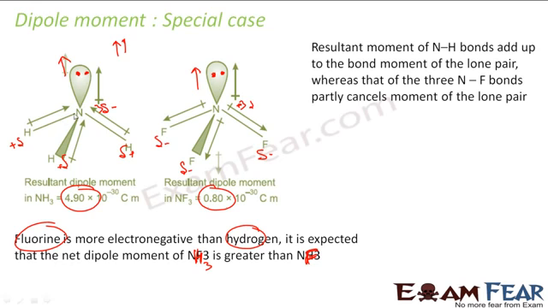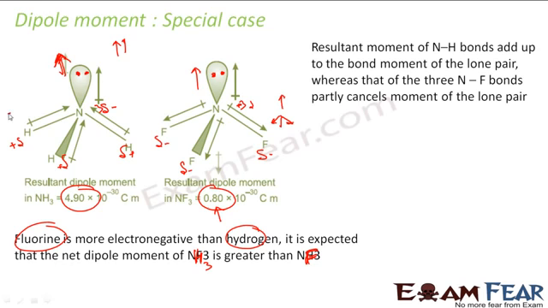So in this case, the dipole you are getting from these 3 NH dipoles is adding to this dipole. But in this case, the net dipole is like this. These 3 are the dipoles I am getting from NF3, and this dipole I am getting from the lone pair. So this is subtracting, so the dipole is less.